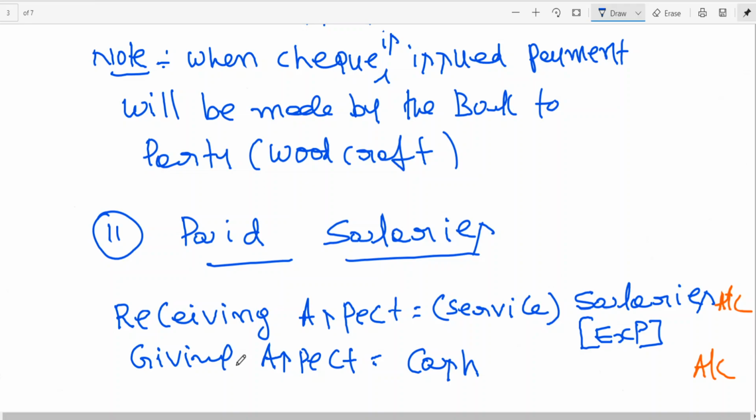But while doing the problem, nobody is going to ask which system you followed. Technically, this is called the double entry system. I'll take that discussion in the next class. Maybe 1 or 2 classes we'll discuss double entry system, and then we start working out the problems.